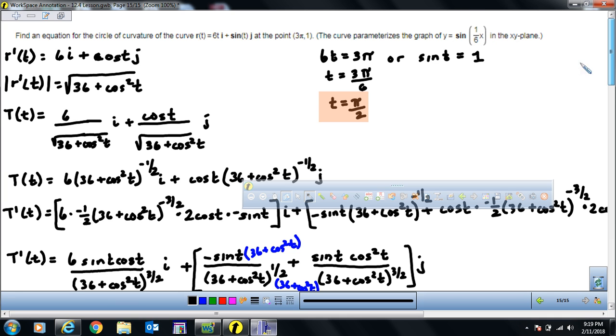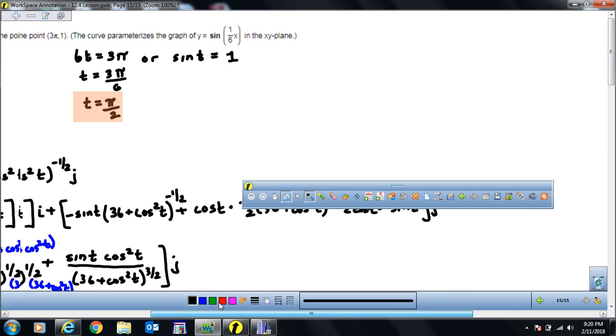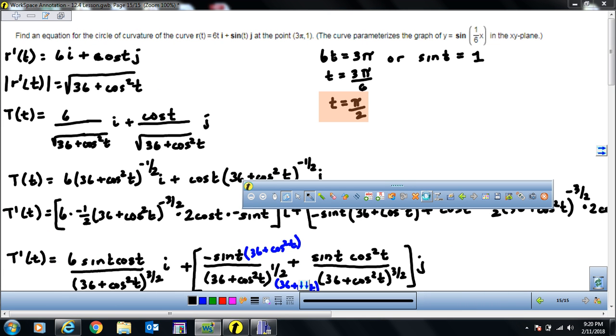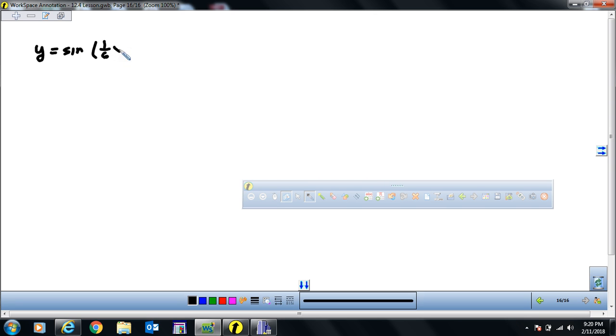Sine of 1/6x. I'm going to go to the right side, or maybe I can put it on a new page right here. Remember that sine has a period of 2 pi, right?